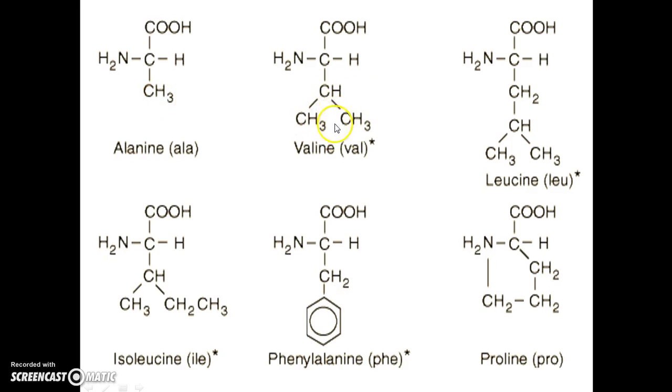This is the R group on valine, leucine, isoleucine, phenylalanine, and this strange thing here is the R group on proline. So, as you can see on each one of these, the central carbon, the amino group, the carboxyl group, and the hydrogen are exactly the same. It's only the R group that changes.